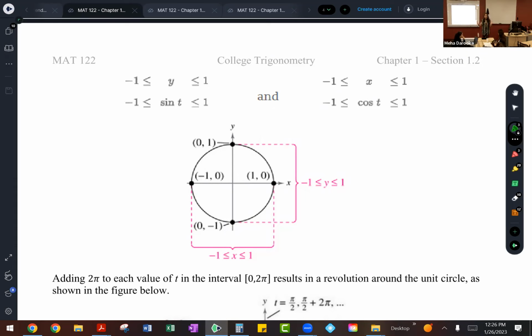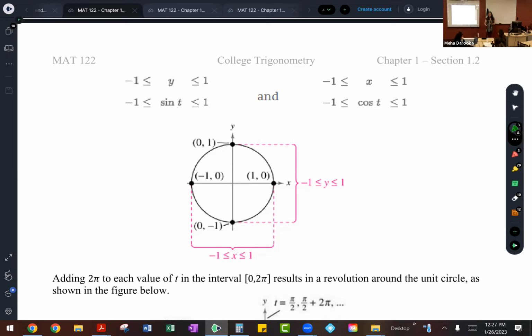That can be all real numbers, anything from -infinity to +infinity. But the output you get from the sine of t or the cosine of t is restricted, because cosine is only going to be between -1 and 1, including the endpoints. For the sine of t, same thing on the y-axis, between -1 and 1.